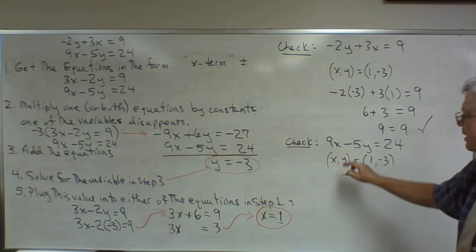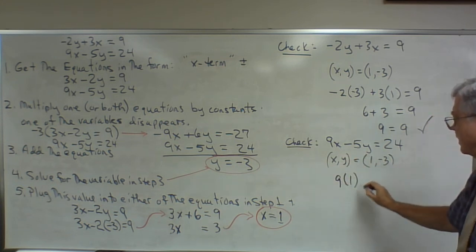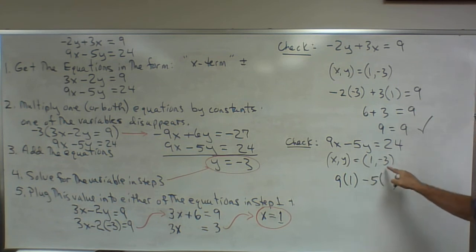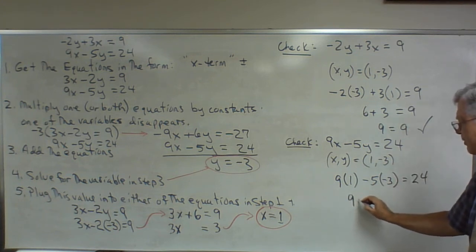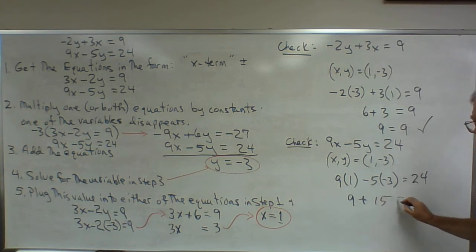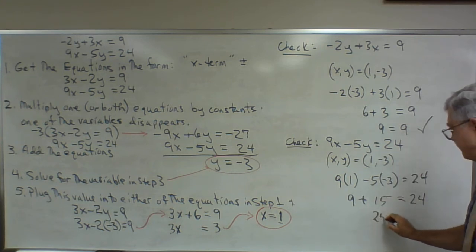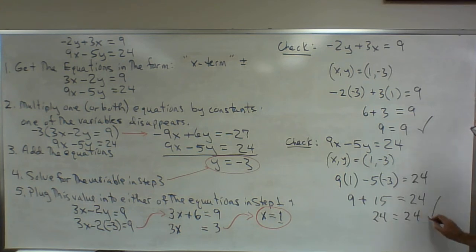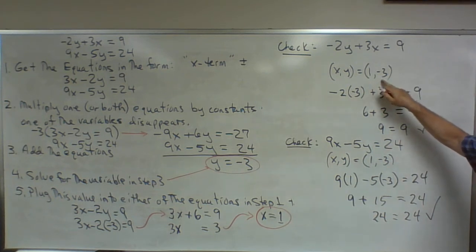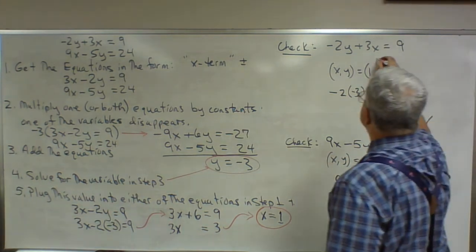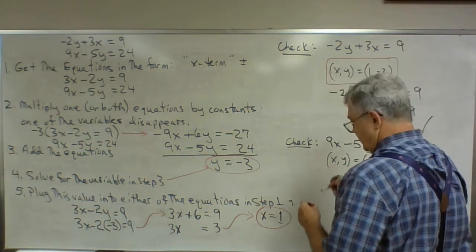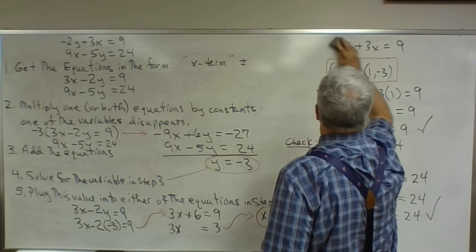Take x equal 1 and y equal negative 3. Let's see, that turns out to be 9 plus 15 equals 24. Bravo! Our prospective solution, 1, negative 3, works for both equations. So that is indeed the answer.